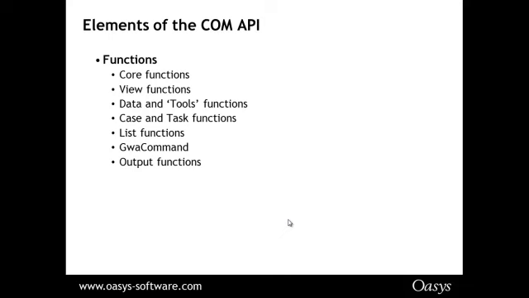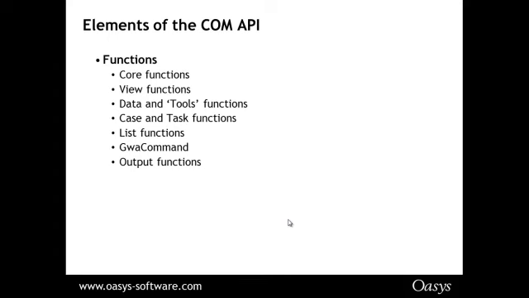List functions, as the name suggests, deal with GSA save lists, querying whether an entity belongs to a list or not, enumerating save lists and their names, how many lists you have in the model, and so on.